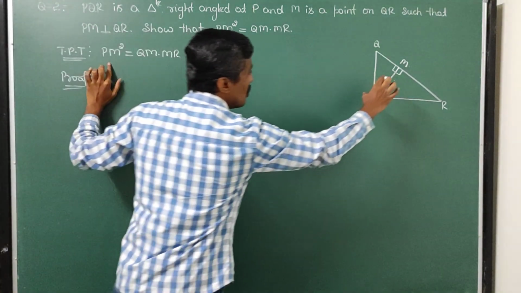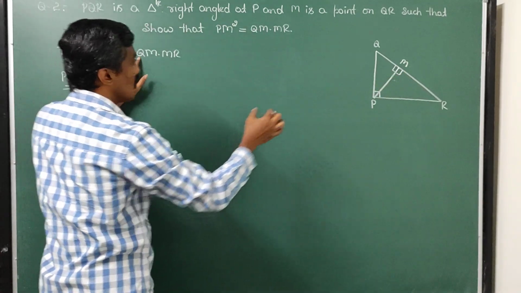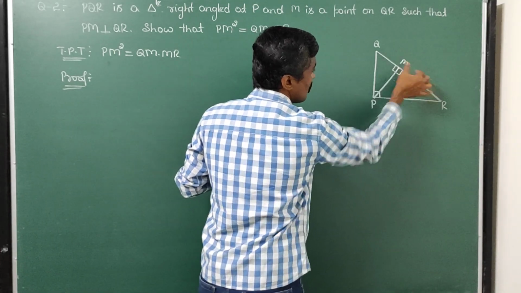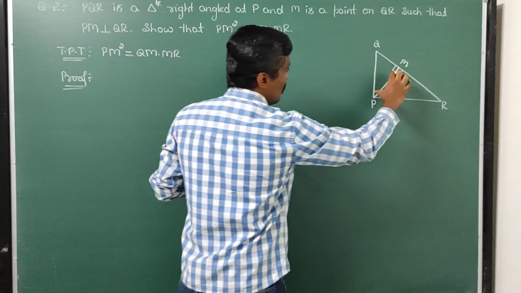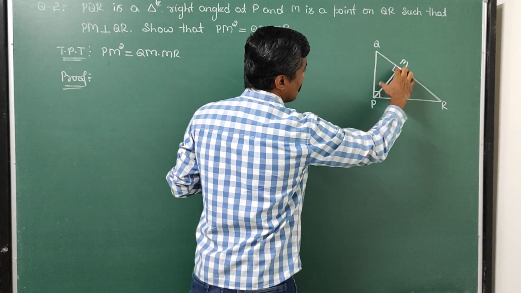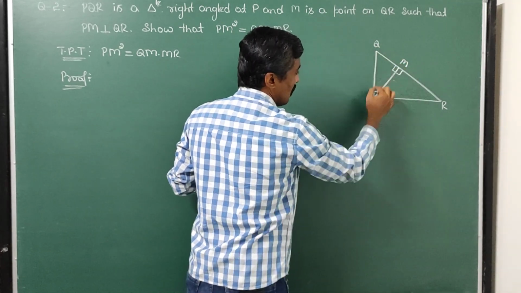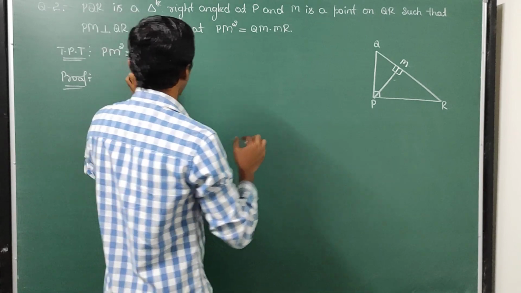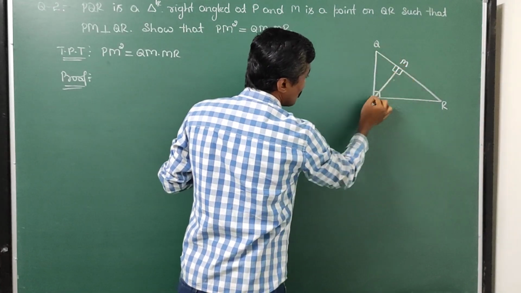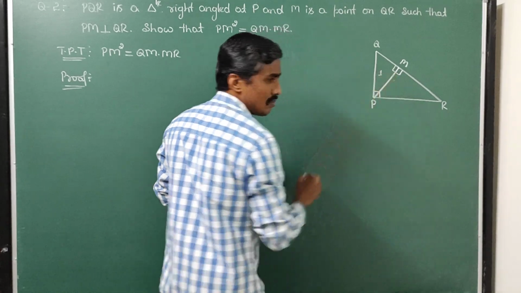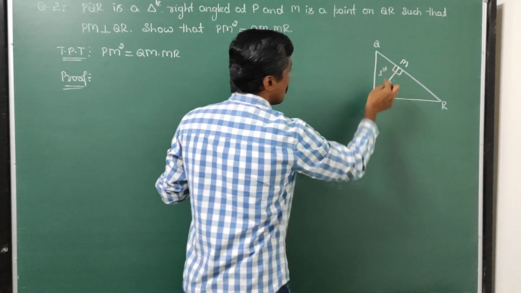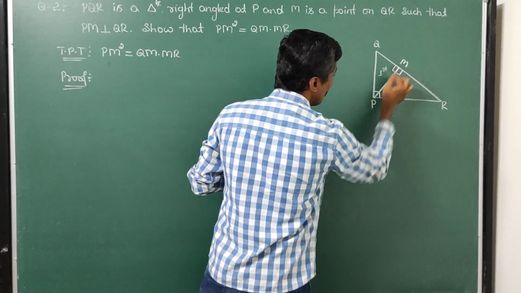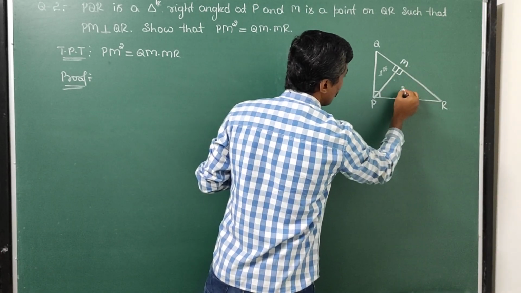PM square, that is this side PM in our figure, and QM into MR. We require only these three sides. PM is present in both triangle QMP and triangle PMR. QM is present only in the smaller part, which I will take as the first part. QM belongs to the first part, and MR belongs to triangle PMR, that is the second part.